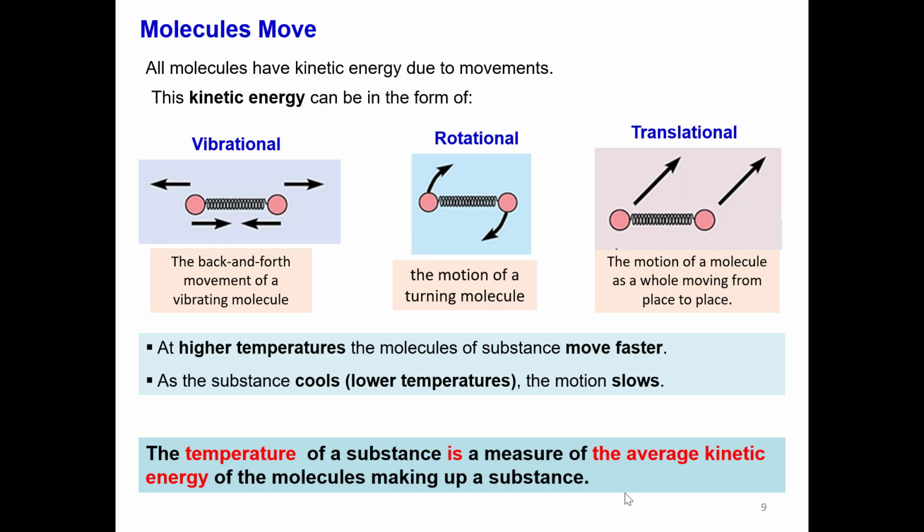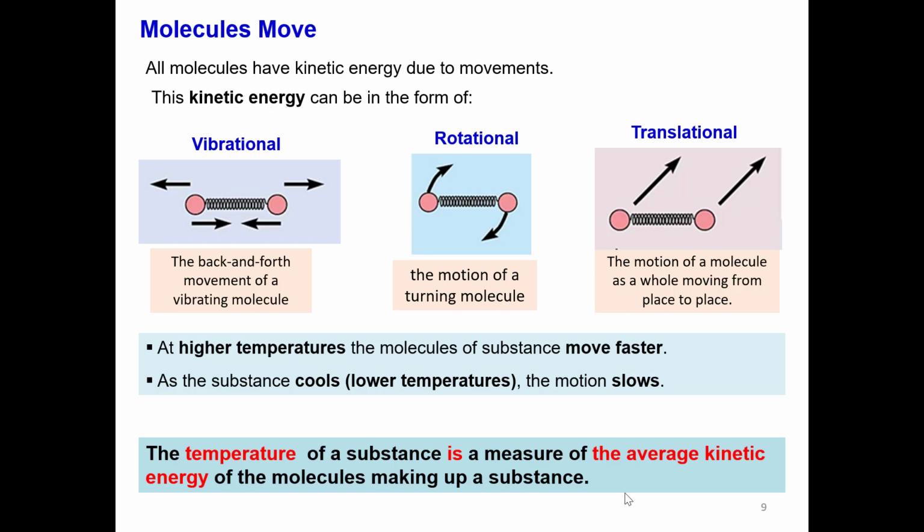If the molecules have more energy, they can move faster. Then if we measure the temperature of that substance, for example if the water is boiling, we will measure higher temperatures.